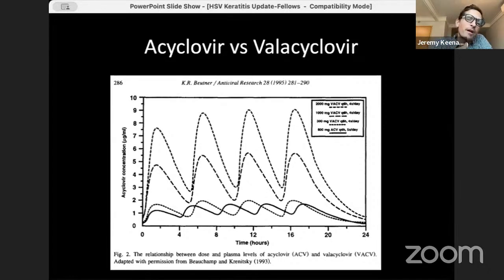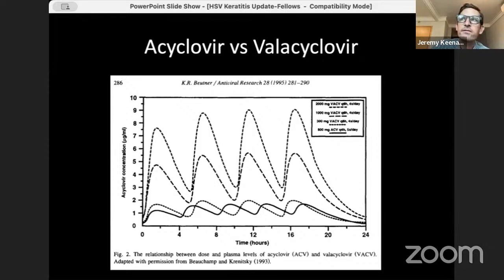But you can see how the bioavailability is just so much higher for the Valtrex compared to the acyclovir. And to get an equivalent dose, you have to take 800 milligrams of acyclovir 5 times a day versus 1 gram of Valtrex twice a day. So the dosing regimen is just much easier with Valtrex, and you get higher bioavailability.